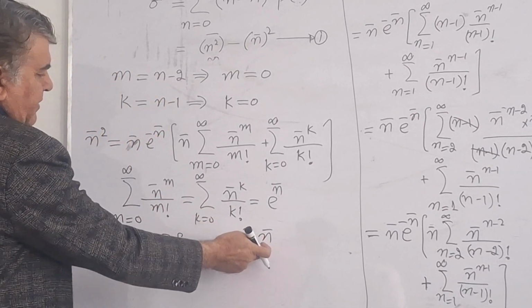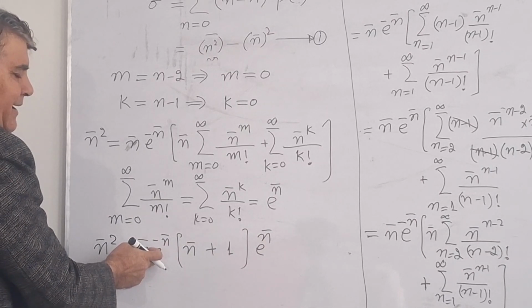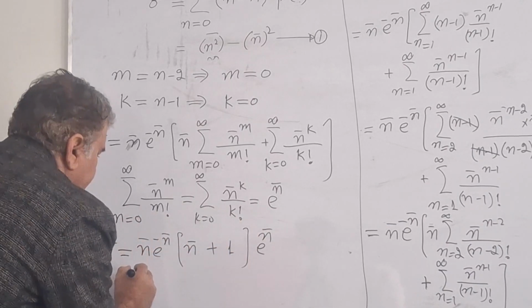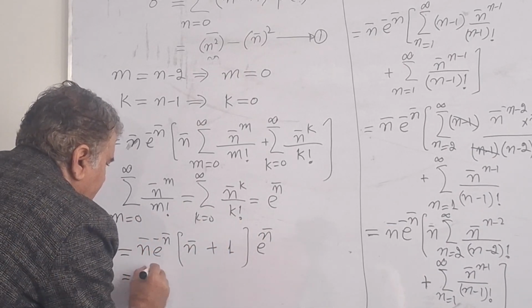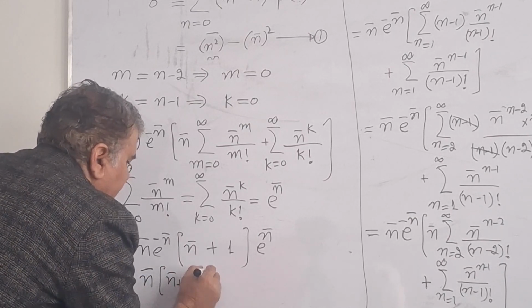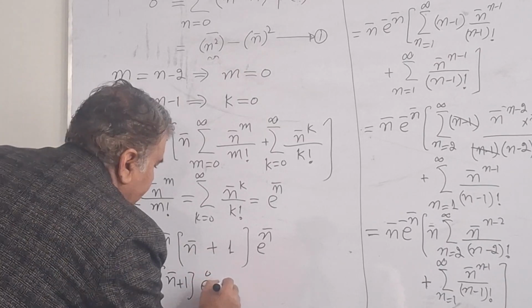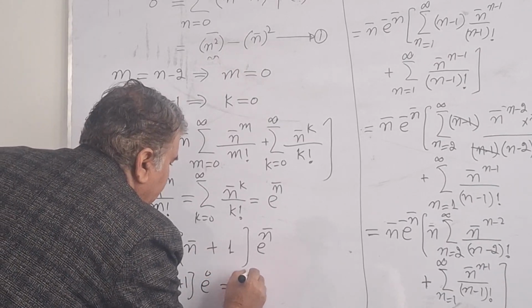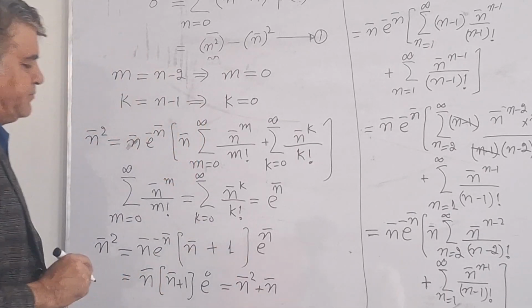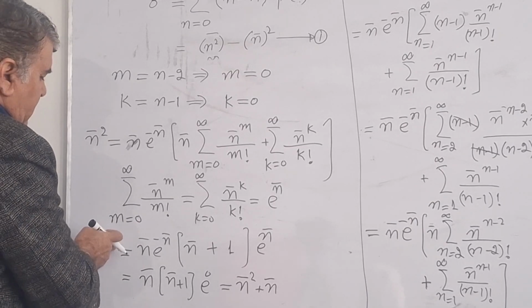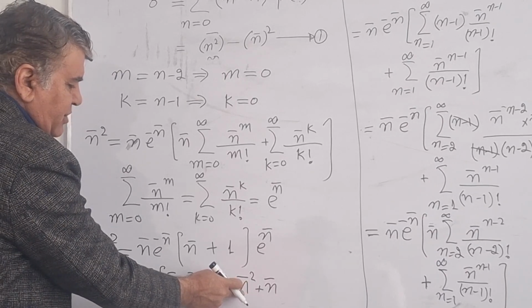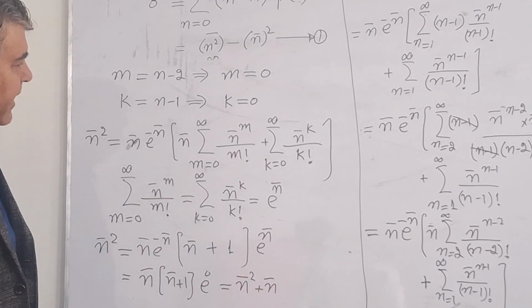And now I can combine this n bar with this exponent minus n bar, and if I combine them in a single exponent, I write them as n bar into n bar plus 1 into exponent 0, or I write n bar squared plus n bar.